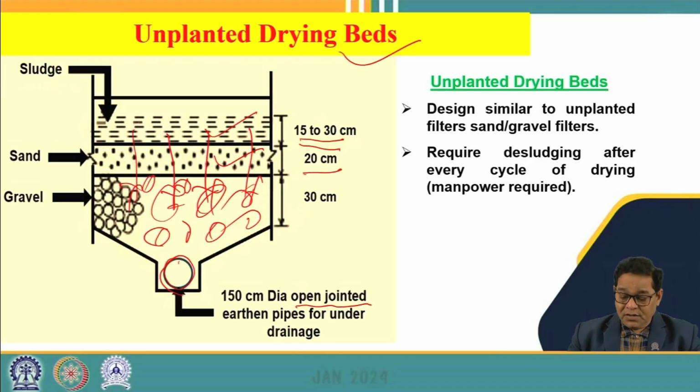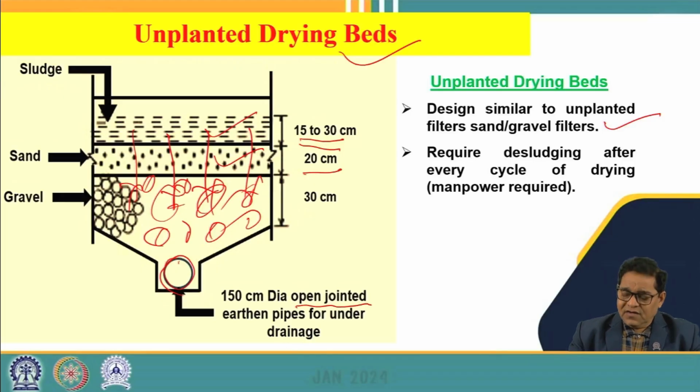the sludge. Here, if we see the design of this type of sludge drying bed, it is basically designed like the gravity filters we design, like slow sand filter and rapid sand filter for the water treatment process.